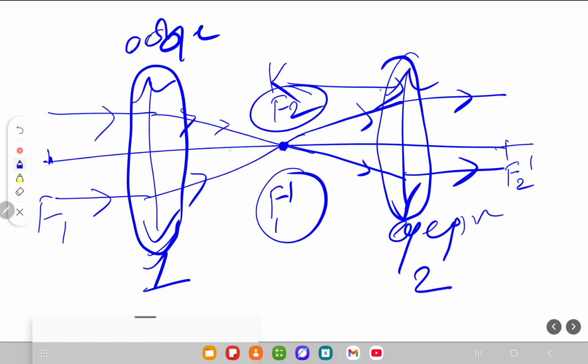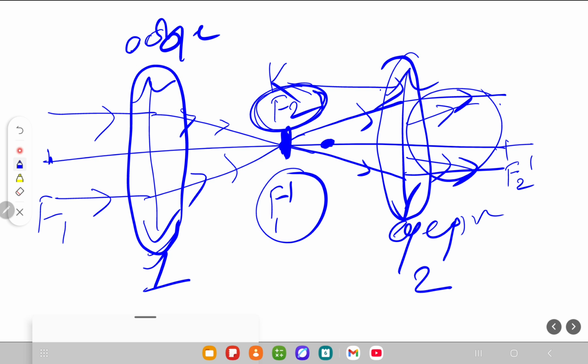If the image made by the first lens falls here, and the primary focal point of the second lens is here, then don't you think the light goes divergent when it exits the system? It's a simple thing, isn't it?